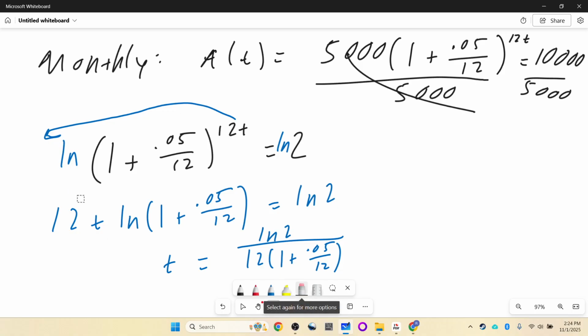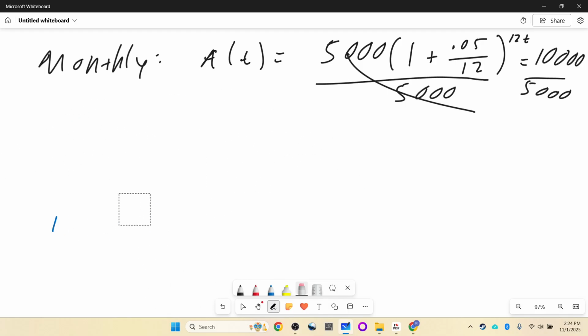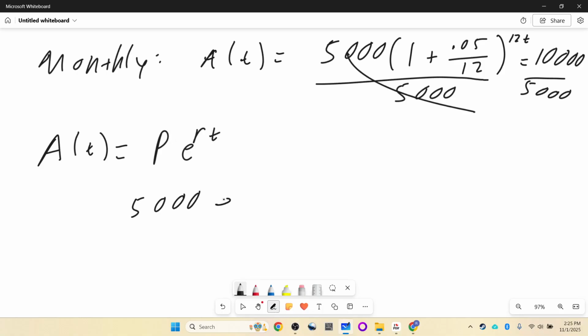I'm going to work out the continuous one, though. But you can type that in a calculator if you want it. It should be pretty similar. A little less. Let's do the continuous form. If it's continuous, that whole thing goes down to P e to the rt. So in this case, that's 5,000 e to the 0.05t would equal 10,000. We want to find the time.